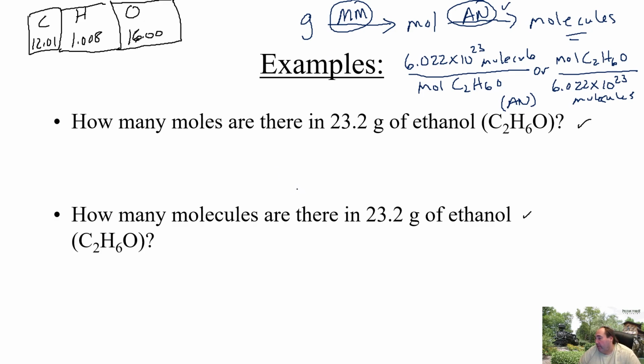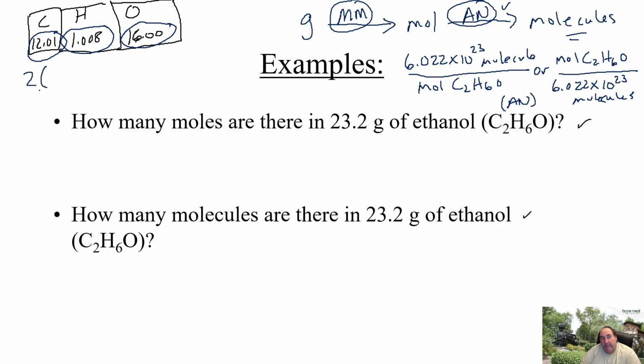We also need the molar mass. Now, this is a molecule in a compound. So remember that when we have something that is a compound or a molecule, we basically just go to the periodic table and we use the numbers that are on the bottom, which are the molar masses. And essentially what we do is add up all the parts. So let's do that. So there are 2 carbons.